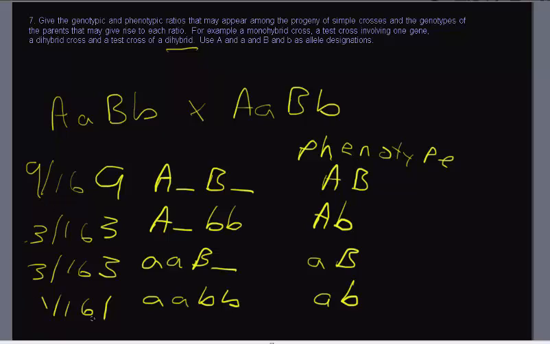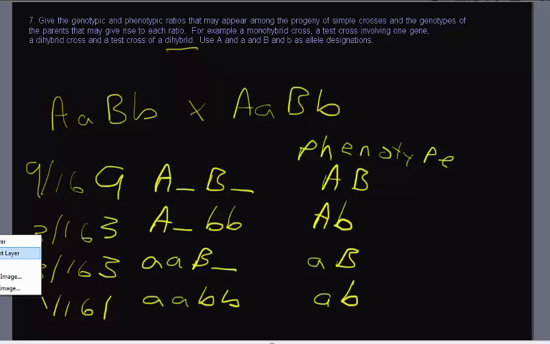So each of these things represents the probability of getting this type of offspring from this kind of cross. So if you're given a dihybrid cross, the probability of getting something with both dominant phenotypes is 9/16. So we'll come back to that later.